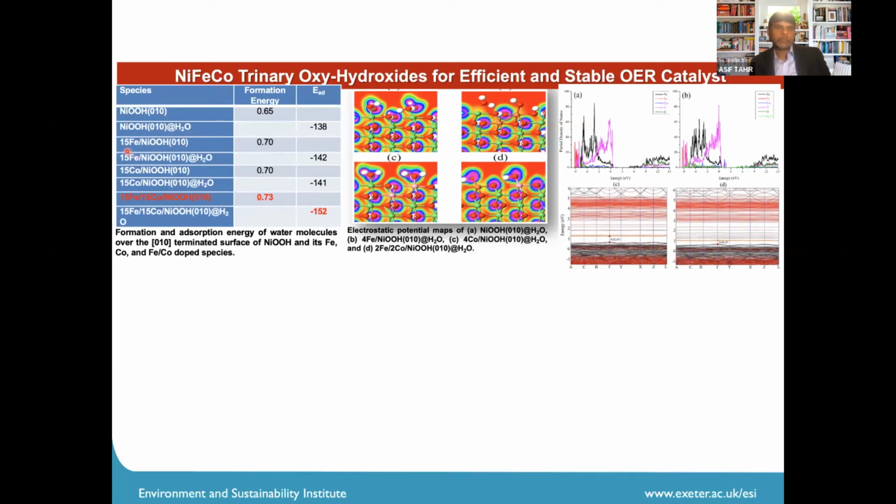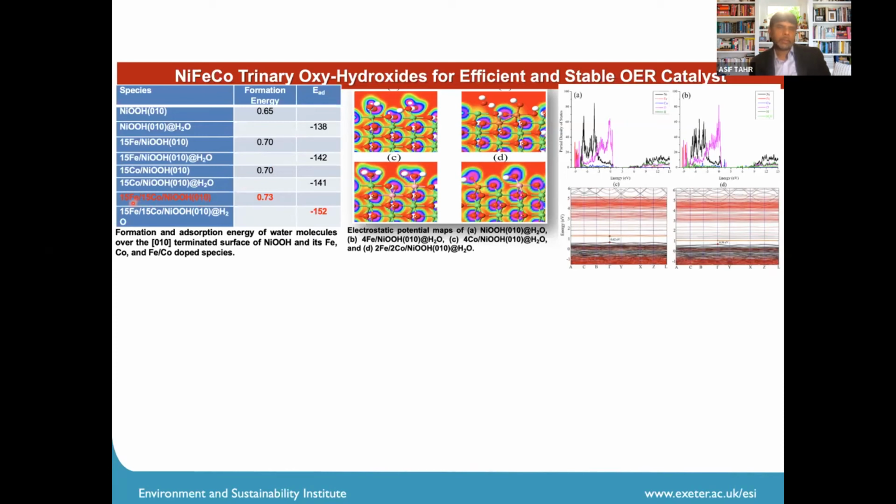Then we put 15% iron into the main nickel oxyhydrate, and then looked into the effect of water on the surface. Then we added, instead of iron, 15% of cobalt, and looked at the theoretical studies.